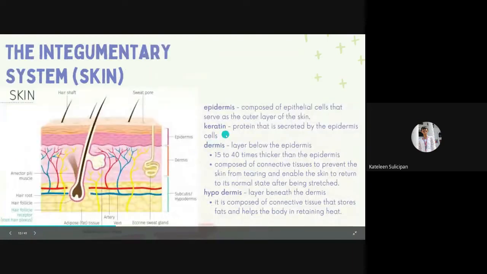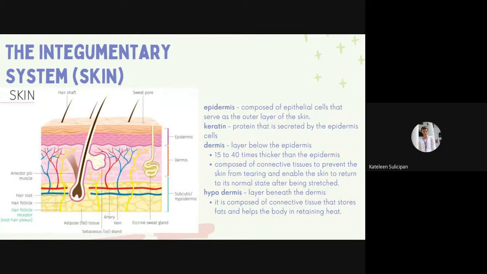So, next. So, as you can see, the integumentary system, yung skin, yung i-discuss natin, yung nandyan, yung hair shaft, sweat pore, epidermis, dermis, hypodermis, eccrine sweat gland, artery, vein, and yung nandyan pa.